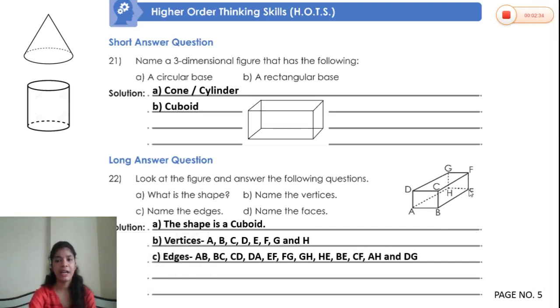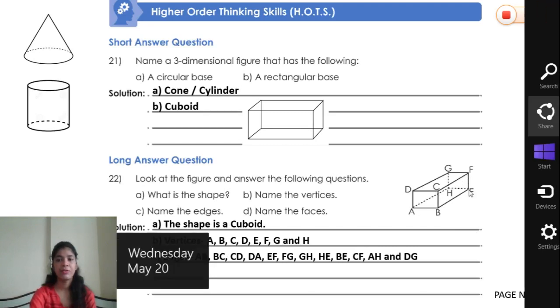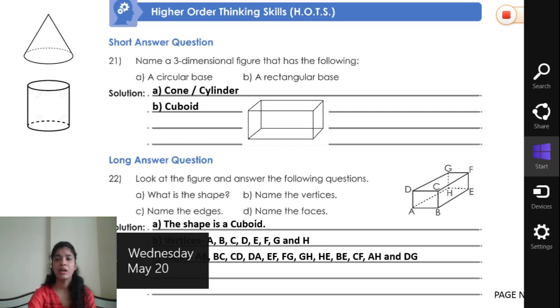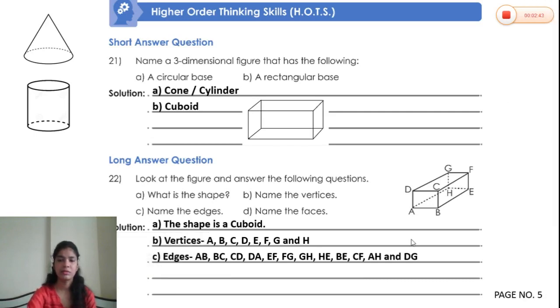G, F, H, E. Third face. D, G, H, A. Fourth face. B, C, F, E. Fifth face. A, H, E, B. Sixth face. Here the faces are.